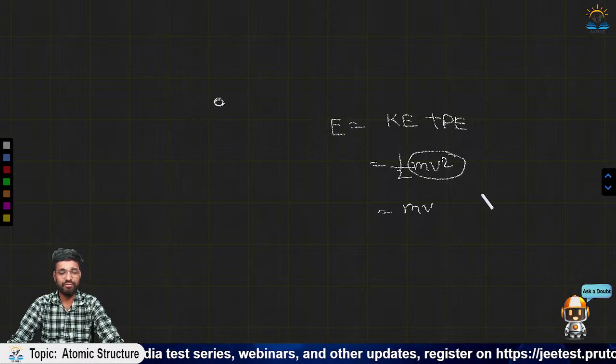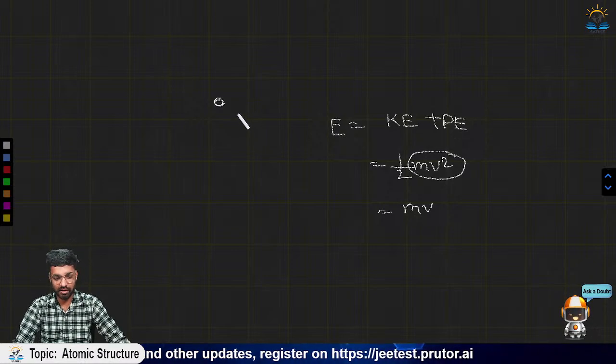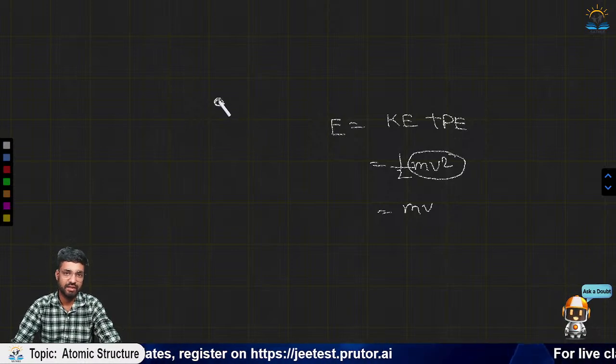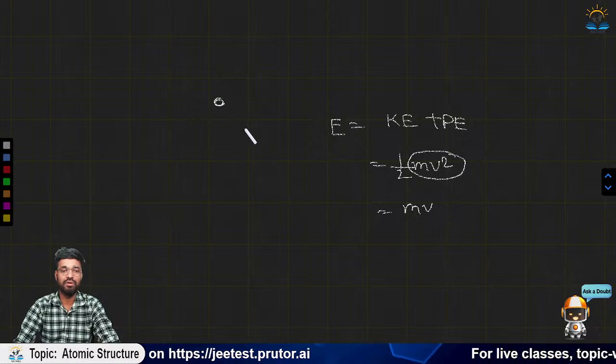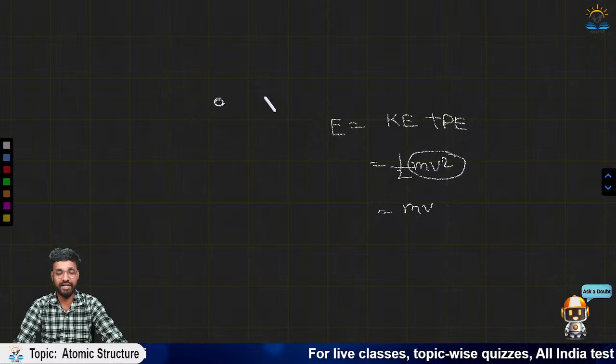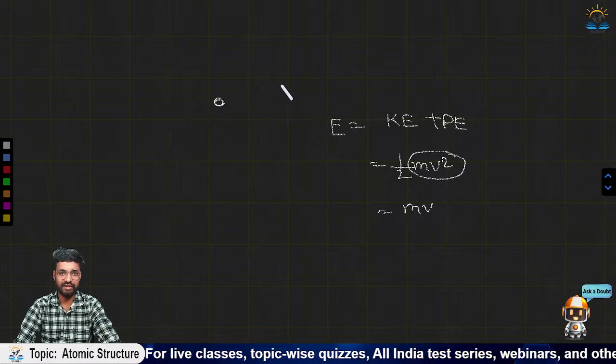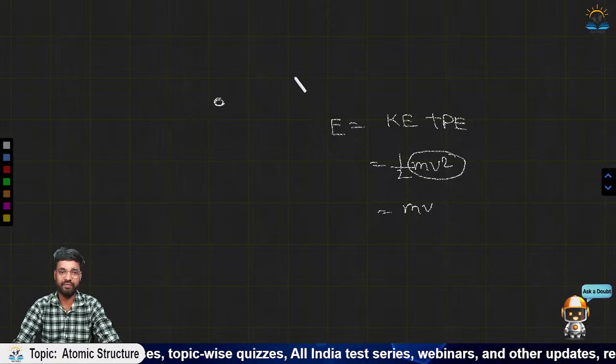So if you apply these rays on it, since this electron is very small, we have to apply light that has a very high frequency, so that it can interact with the electron and we can see it.